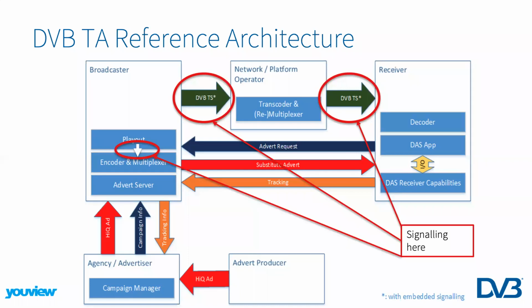And then the final version of the signaling as a transport stream reaching the receiver also needs to have the signaling. So we consider these three places for the signaling format, and this is illustrated in the next slide.